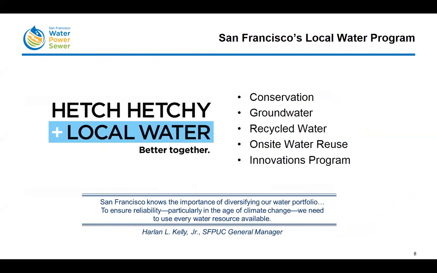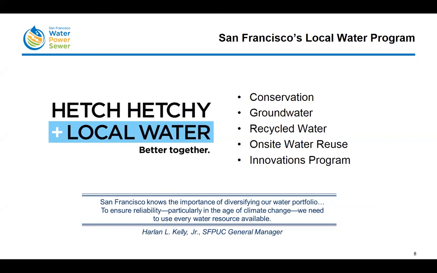One of the ways that we're implementing One Water SF here in the city is through our Local Water Program. Our Local Water Program consists of several different program areas, including water conservation, a groundwater program, a recycled water program, an Onsite Water Reuse Program, and an innovations program. What I'm going to talk mostly about today is our Onsite Water Reuse Program.